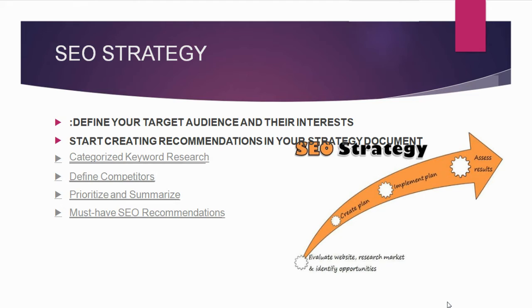Now categorize keyword research. I've spoken about that. Define competitors. This is talking about people who are already in the game, people who are already popular. You have to see what they are doing, how they are getting ahead, so that you can learn from them, then also optimize your own site the way they've done to theirs.